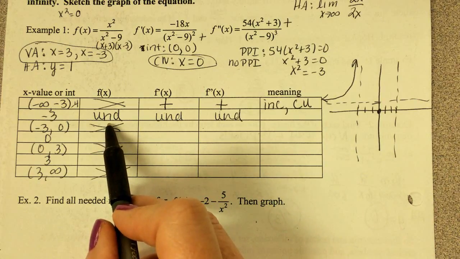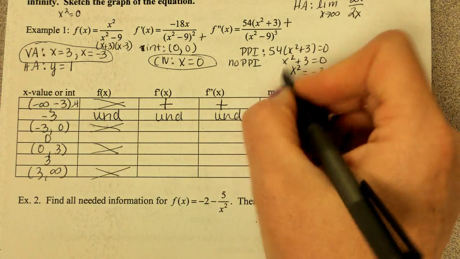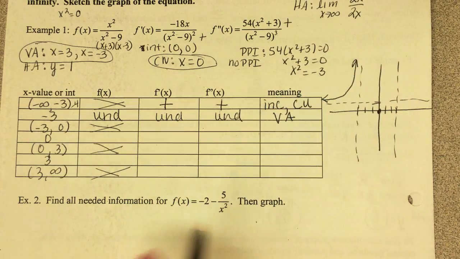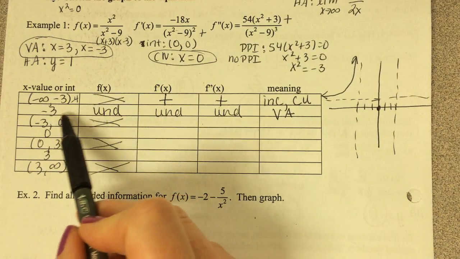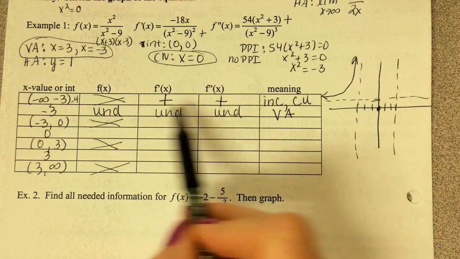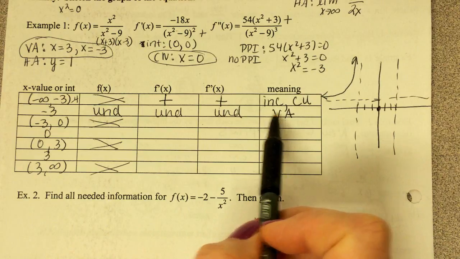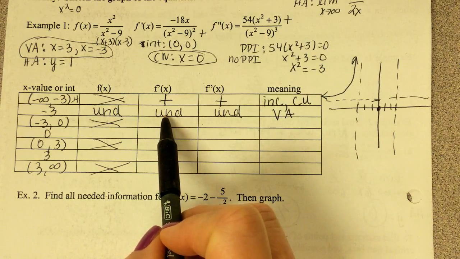But what's going to win out over that? Vertical asymptote. I want you to be able to recognize just by seeing the chart, without seeing any of that up there, that if you saw undefined straight across, it has to be a vertical asymptote. If you only saw it on the first derivative, it might be a sharp turn.